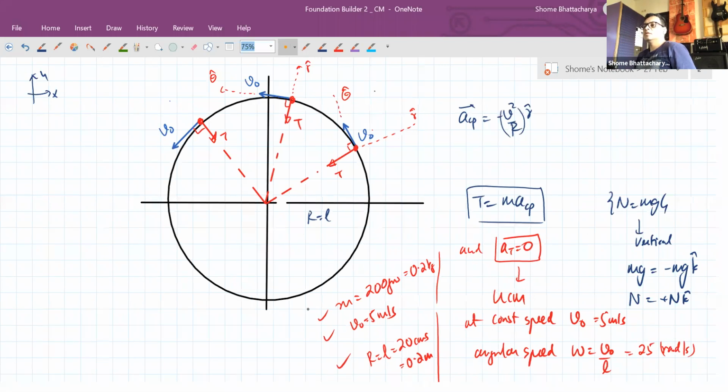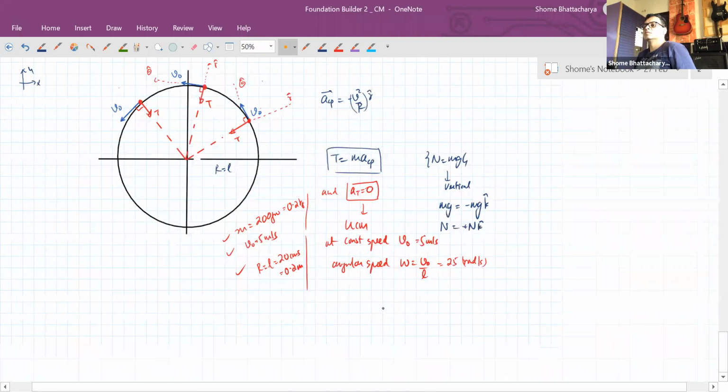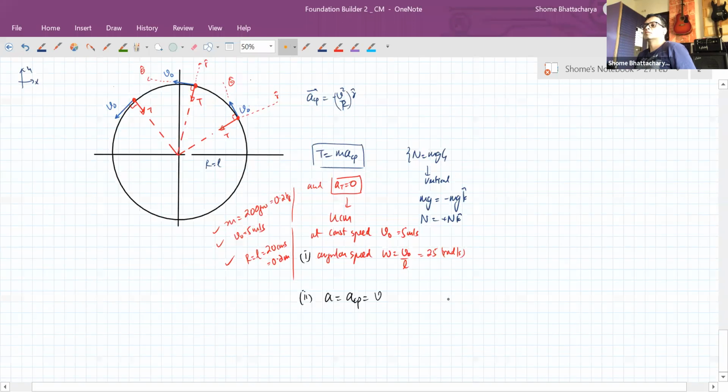And we can see that the acceleration is centripetal. It has a tremendous amount of acceleration.